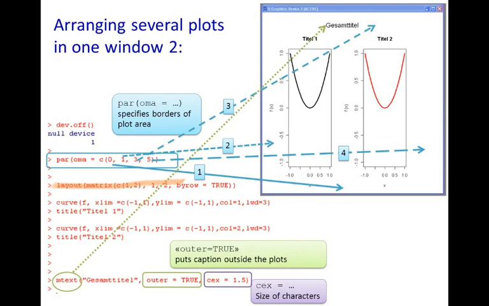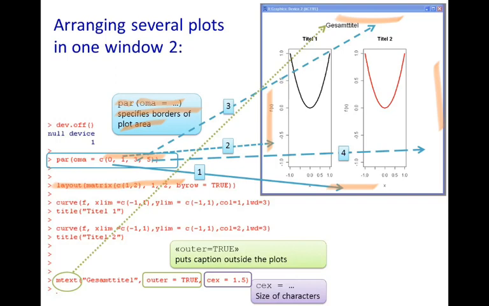In this plot we see something else that can be very useful, and this is the parameter oma, outer margin, and with that you can specify borders of your plot area. You specify 4 values corresponding to side 1, side 2, side 3 and side 4, and you specify the corresponding margins or the distance towards the end of the window.